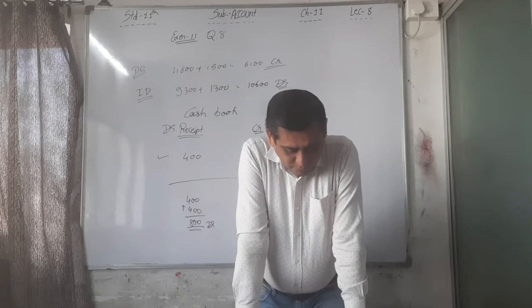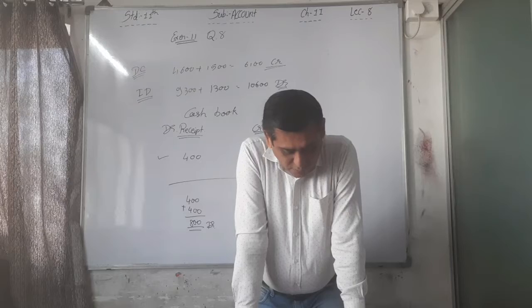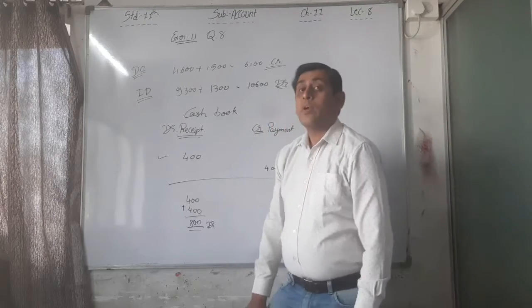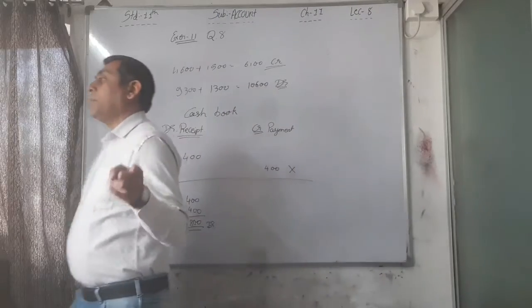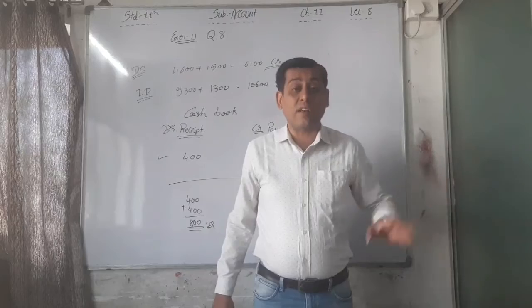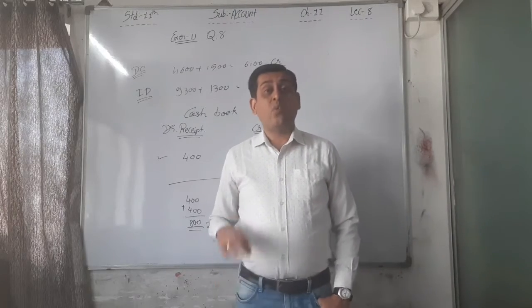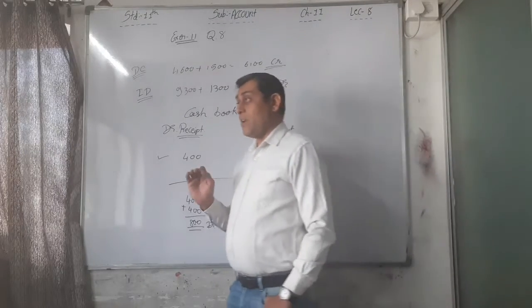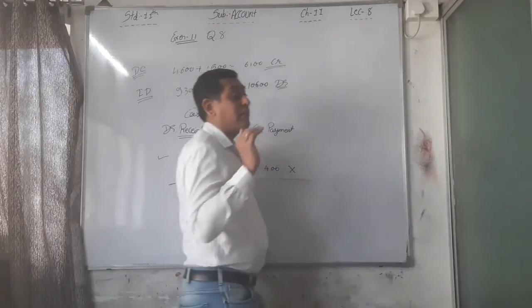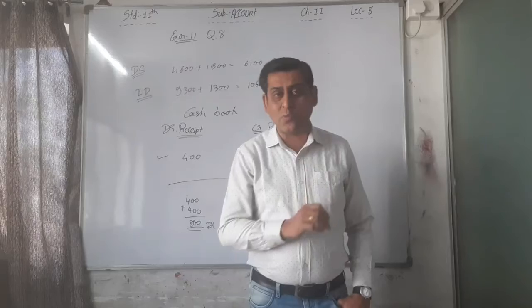Now the 8th point, bank has reversed bank charges of 380 on the request of the prior. See, whenever the bank levied the charges, the bank debits that particular amount in our passbook.